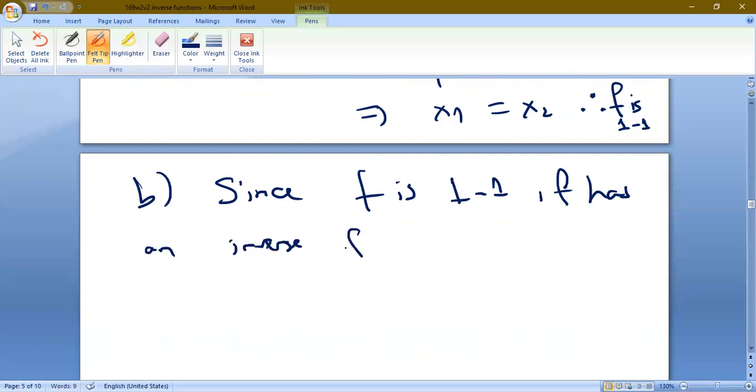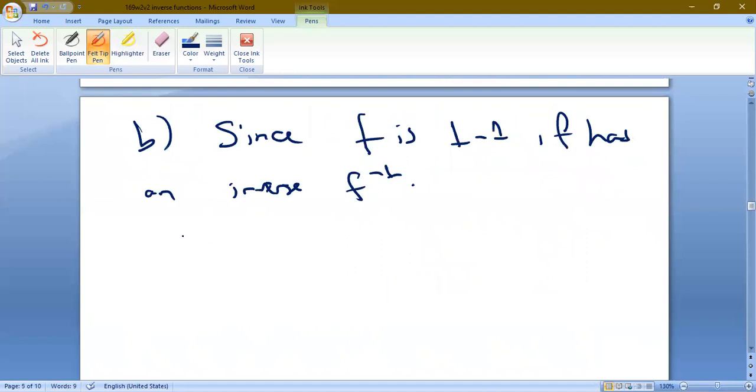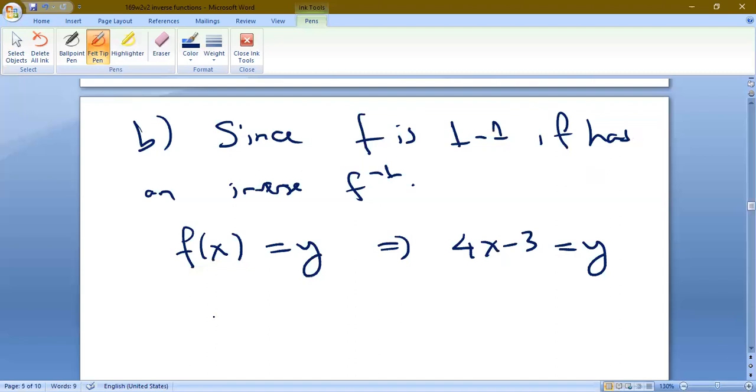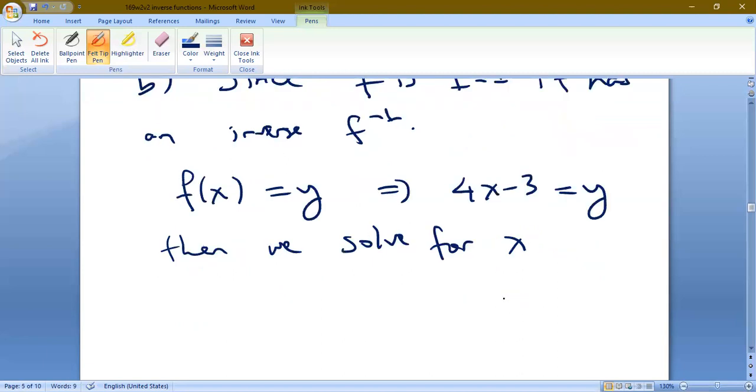But now how are we going to find f inverse? For this case, we write f of x equals y. So this means 4x minus 3 equals y. Then we solve for x. Solving for x means isolate x alone.